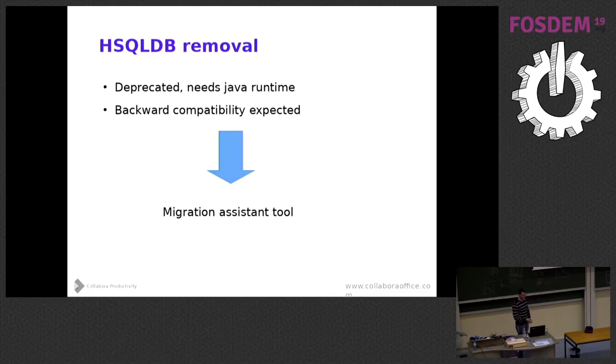So backward compatibility is really important. Because of that, we created a migration assistant tool which has the task to move the database itself, which is inside the ODB file, to another format, the Firebird format.